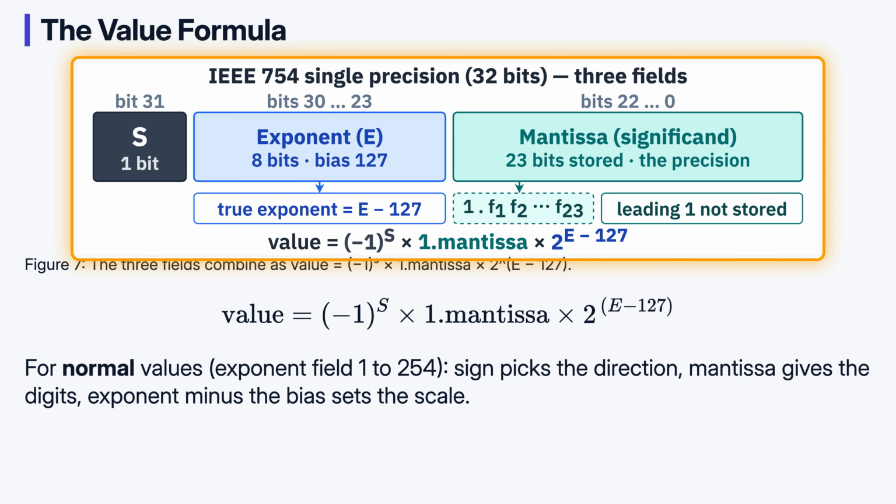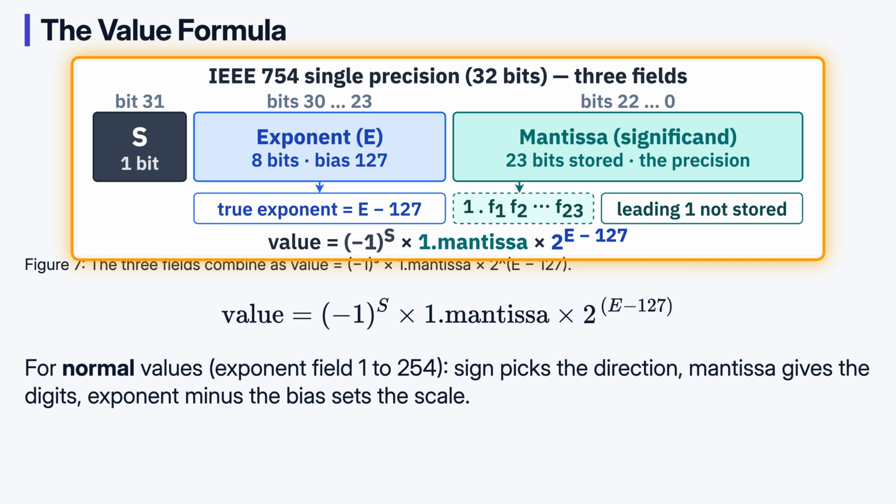Put the three fields together, and for a normal value, one whose exponent field runs from 1 to 254, you get one formula for the value. The value equals -1 to the power s, times 1 point mantissa, times 2 to the power of e minus 127.